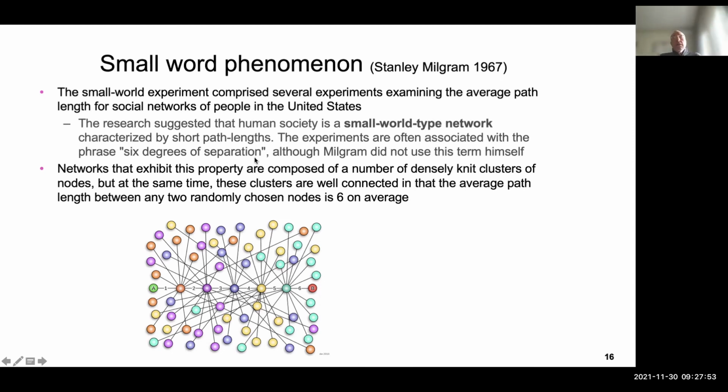It is not wording that was used by Milgram in his experiment, but is a way of depicting a graph. These kinds of networks are composed of a lot of dense clusters, and they are really well connected. The average path between two nodes is about 6 on average. This is the relationship: I know that person in the world, according to this experiment, of course.